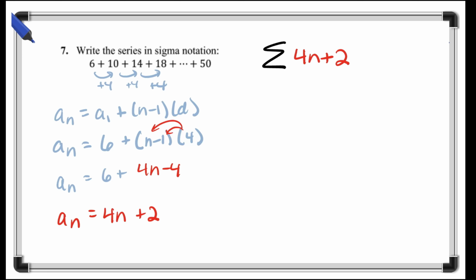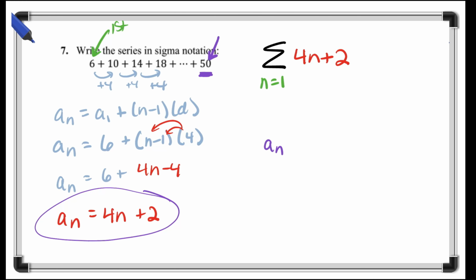Okay, all right, so here, this is our first term. So we're always starting off with n is 1, okay? But we're now trying to figure out what this term would be, that 50. So what we can use is the general formula right here to figure out what my n would be.